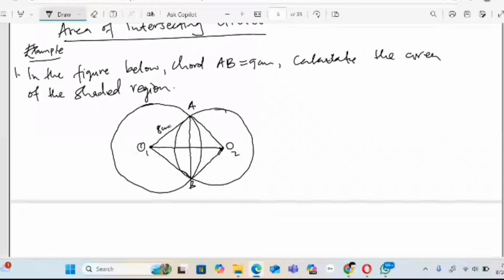The other radius is 6 centimeters. Then we are told that AB is 9 centimeters. Then this point is point M. Now, this is the shaded region.